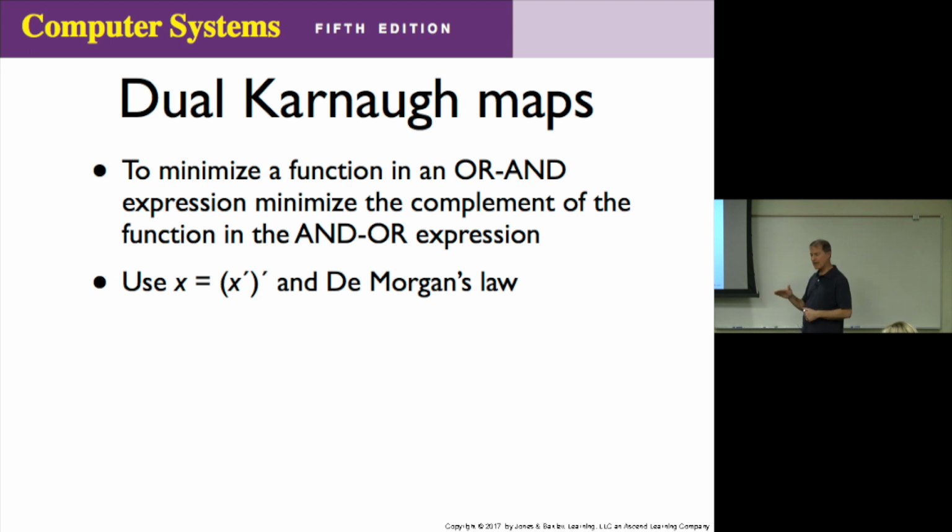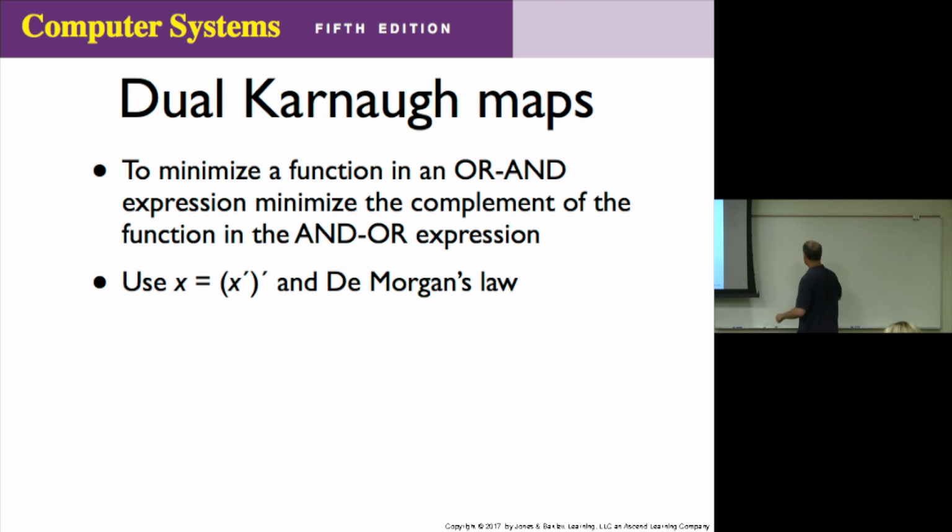In fact, it's exactly analogous to the way we did this Boolean algebraically. You take the complement of the function and minimize that the same way we normally minimize an AND-OR expression. Then we use x equals x prime prime, double negation, and De Morgan's law to write it.